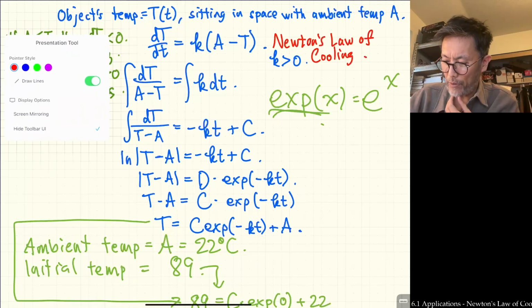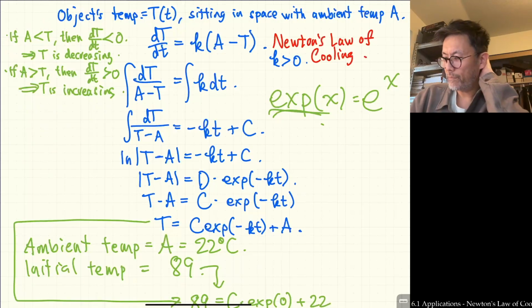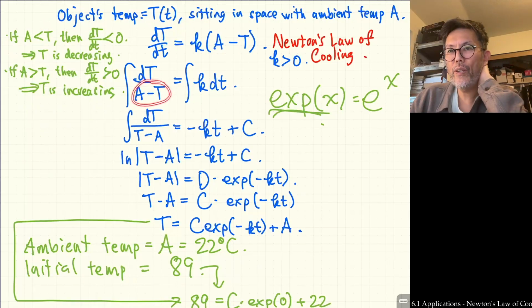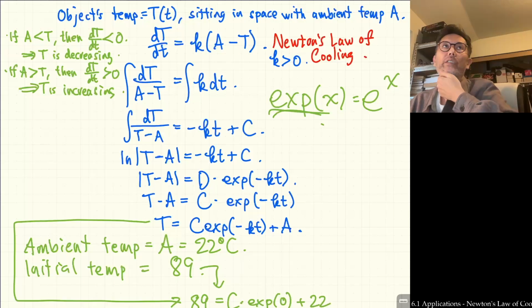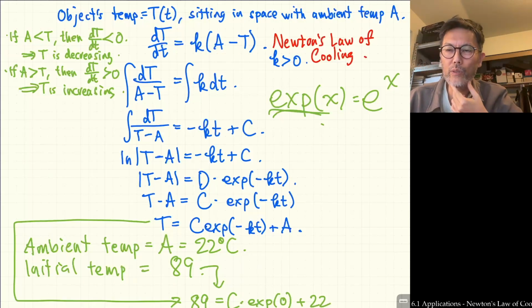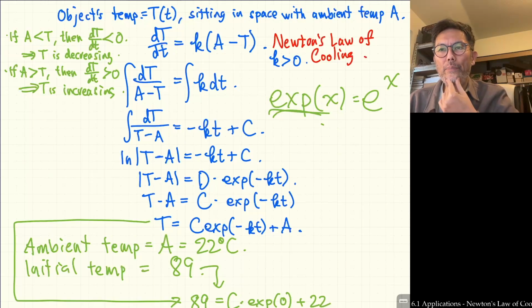There's a crucial step in these separability problems where I'm dividing both sides by this A minus T. And you all are careful students of mathematics, and you know that this should send up maybe some red flags. Because what if A minus T is 0, right? What if A minus T is 0?